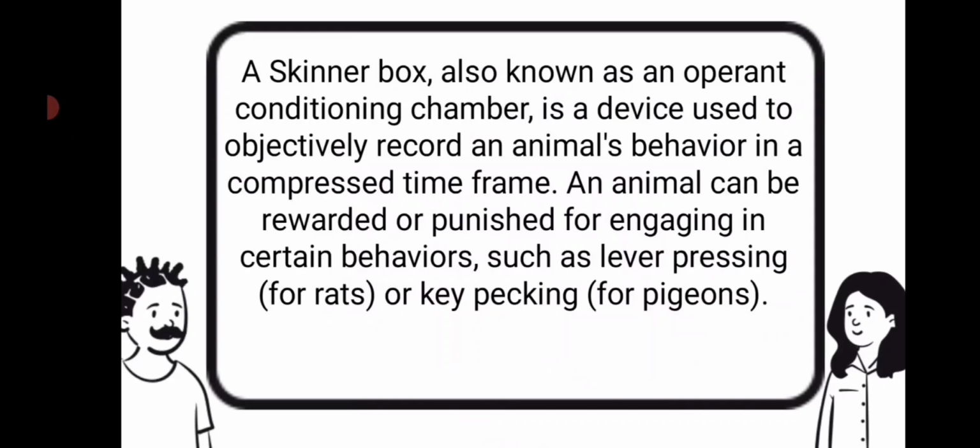It is a device which is used to objectively record an animal's behavior in a compressed time frame. An animal can be rewarded or punished for engaging in certain behaviors, such as lever pressing for rats or key pecking for pigeons.